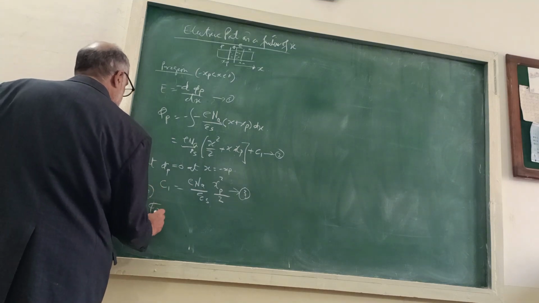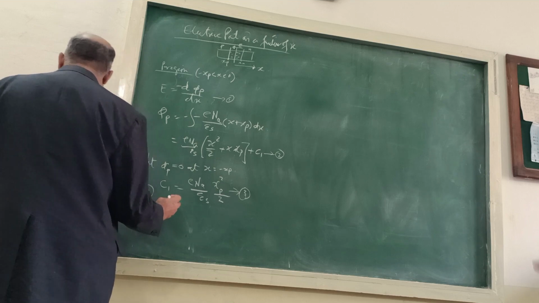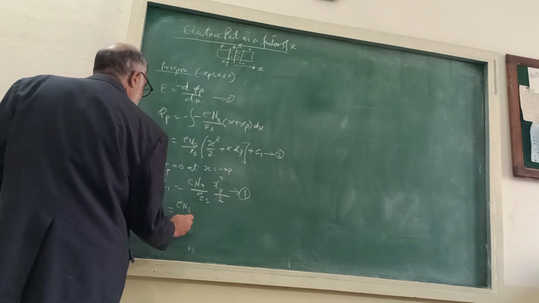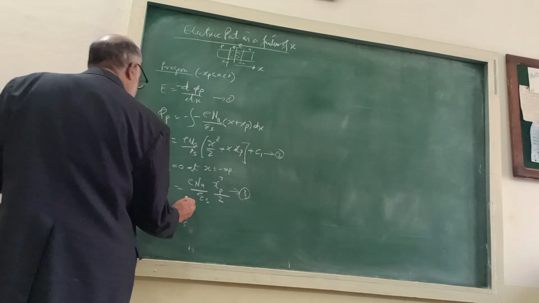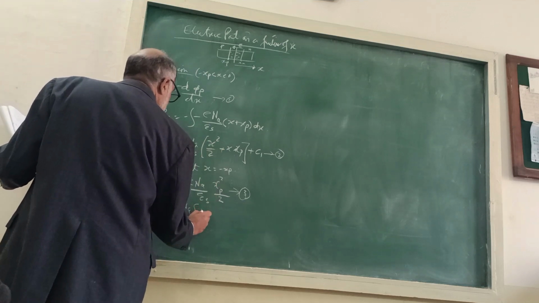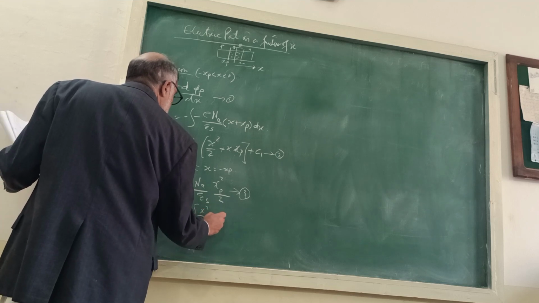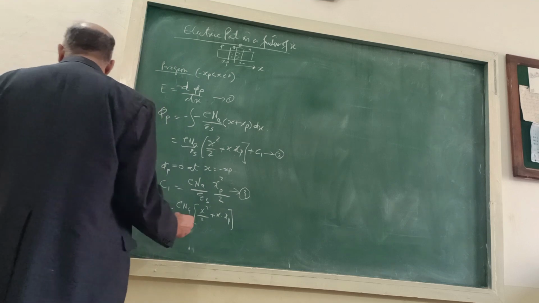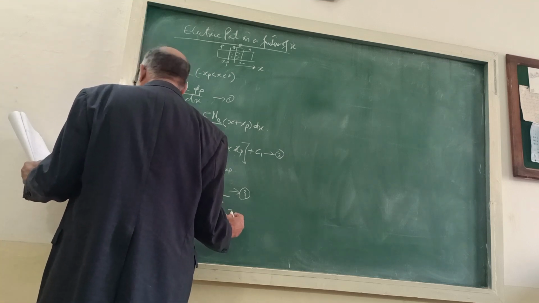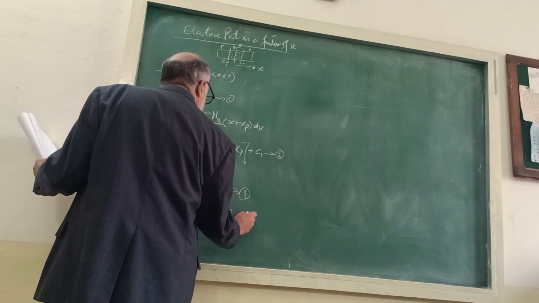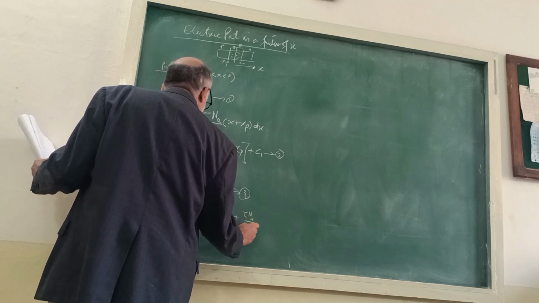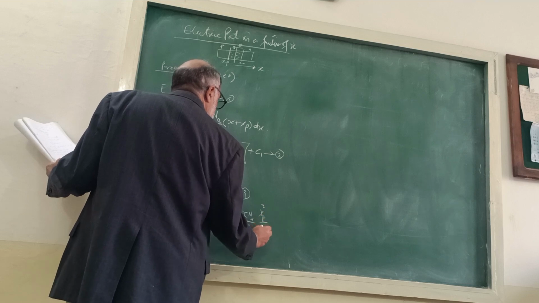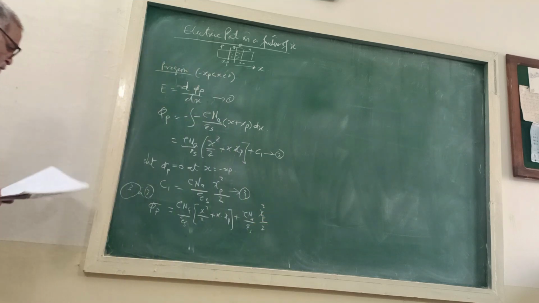Phi of p equal to q NA by epsilon s, x squared divided by 2 plus x xp, plus C1. And what is the value of C1? q NA xp squared divided by 2.